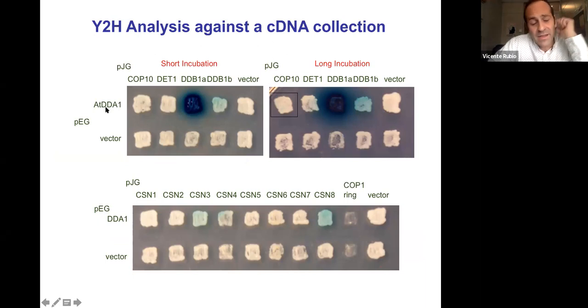I will talk a little about it later, in which we had a collection of cDNA clones in different yeast strains, and what we did was to combine them and see the potential interaction between them. In this way, I identified how this protein was interacting with different components of this specific biochemical complex.